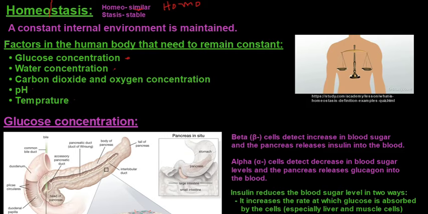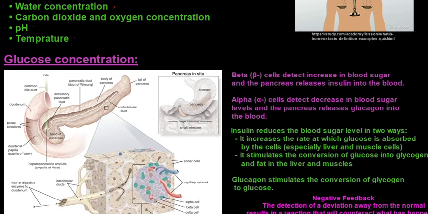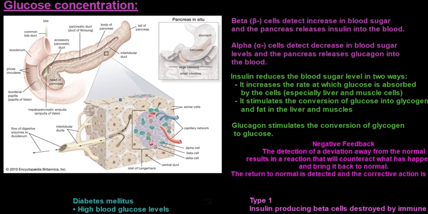So let's look at the glucose concentration. We spoke about the pancreas previously. The pancreas is that tongue-like structure that sits behind the stomach. The pancreas is both an endocrine and an exocrine gland.